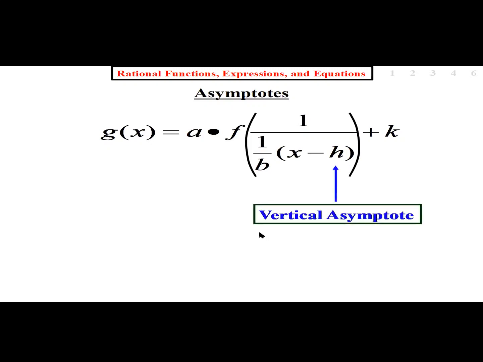That's going to be our vertical asymptote. So when I give you a function and you see that there's a number there next to the x minus, well, that's going to be our vertical asymptote, or the invisible vertical line that our graph will never touch or get close to or cross. It will get close to, but it won't cross.